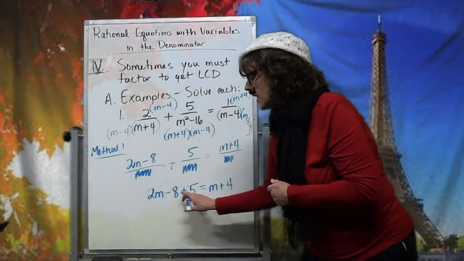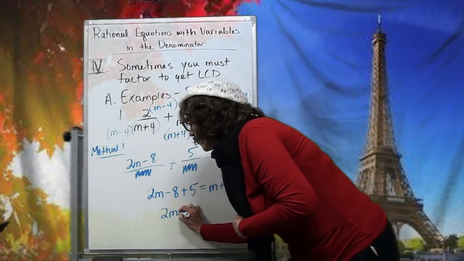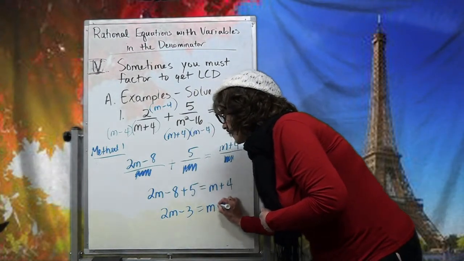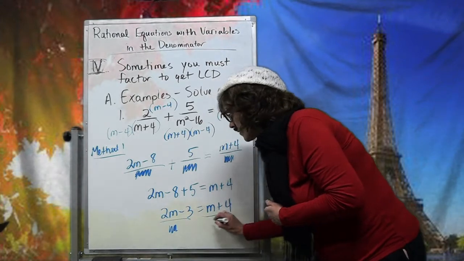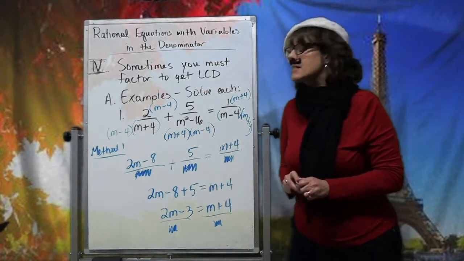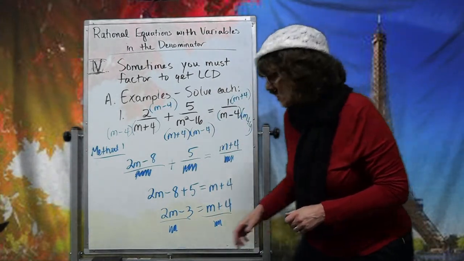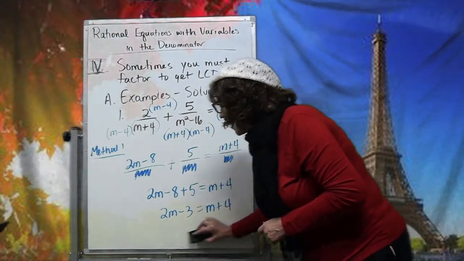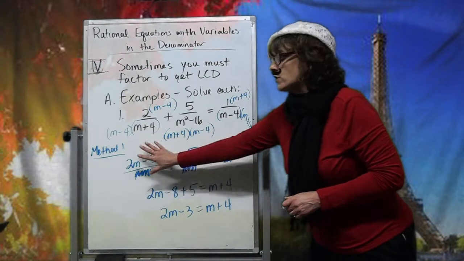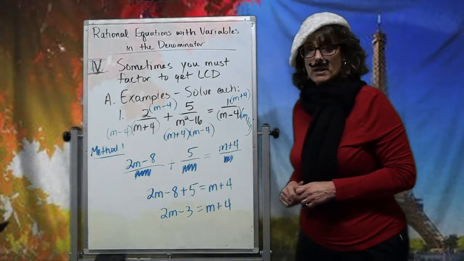And sure enough, a negative 8 plus 5 will be a negative 3. And this is what I had over common denominator, and most definitely at this point I can drop those denominators without a doubt. So like we said before, once you've got the common denominator all the way across and you've adjusted your numerators, you can go ahead and drop them right there.